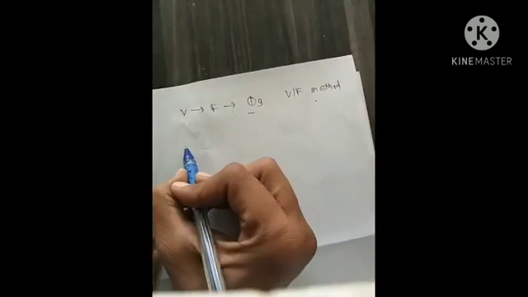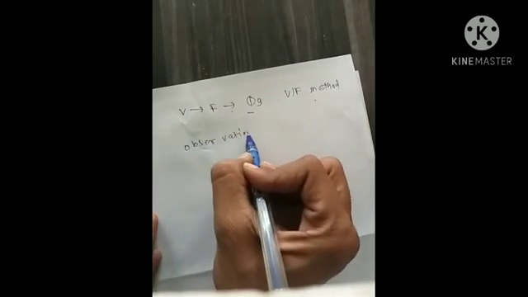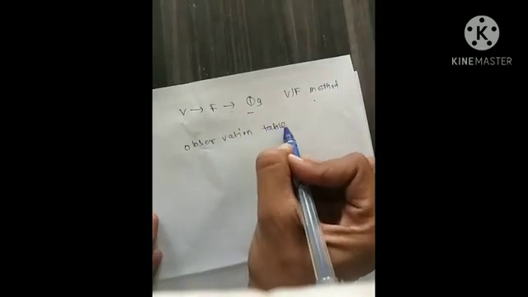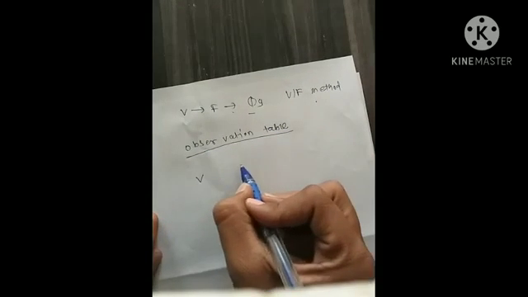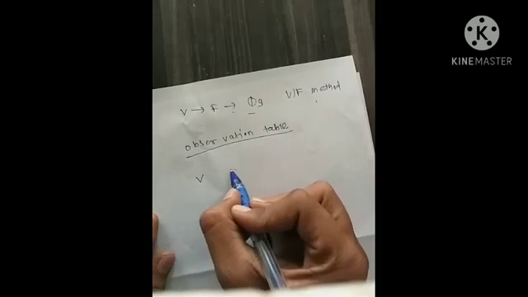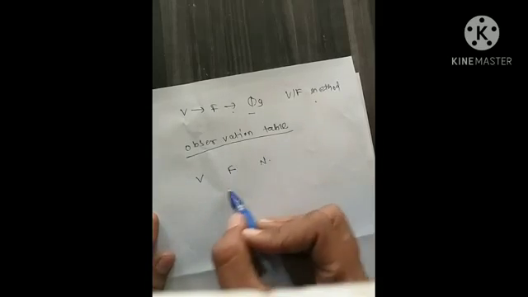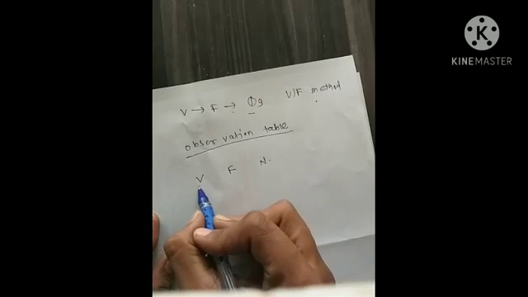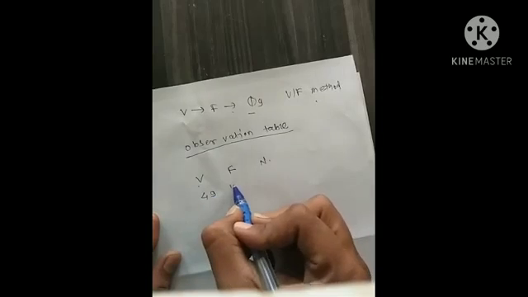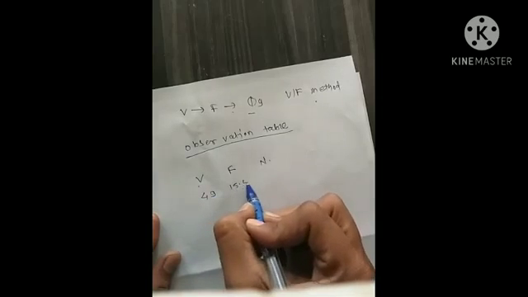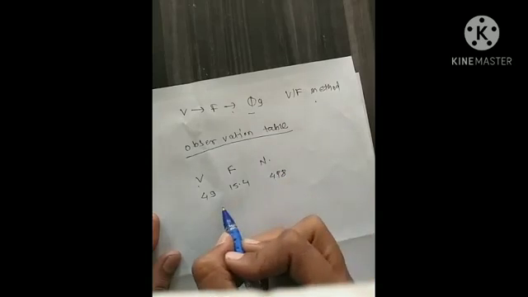Here I give the observation table also. Observation table: V in volts, after that frequency F and speed N. If the voltage is 49 volt, the frequency is 15.4 and the speed is 498.